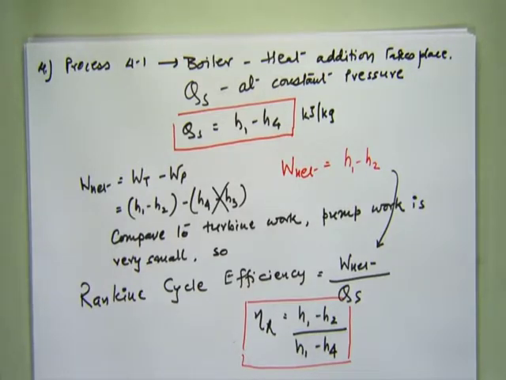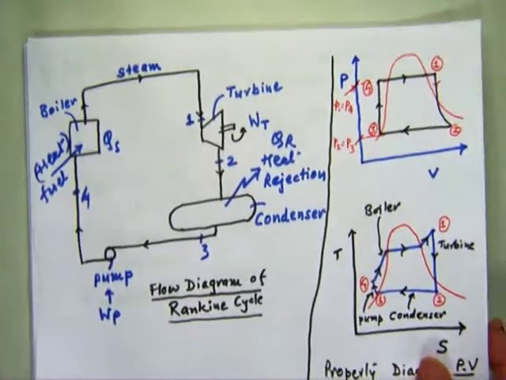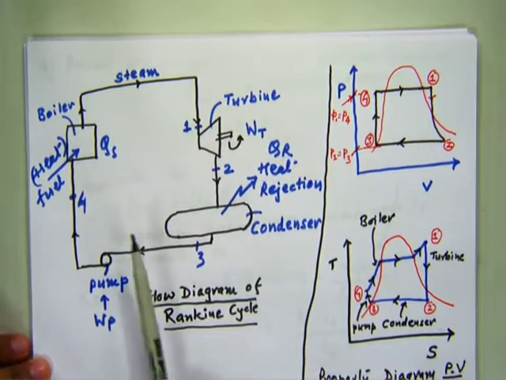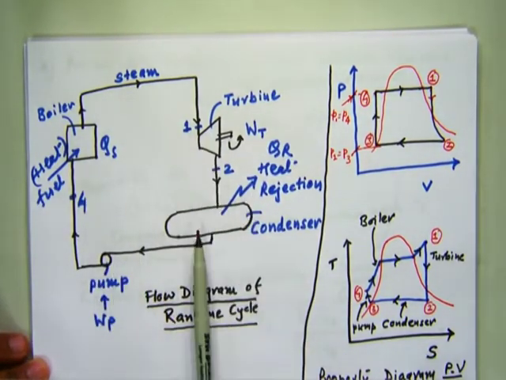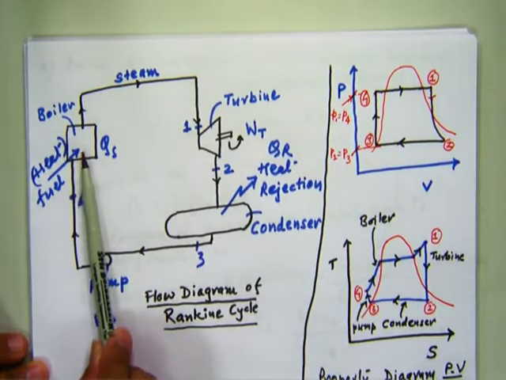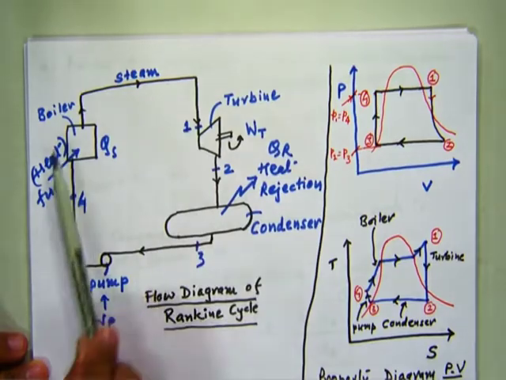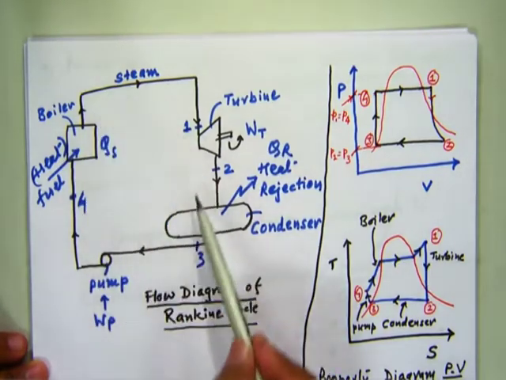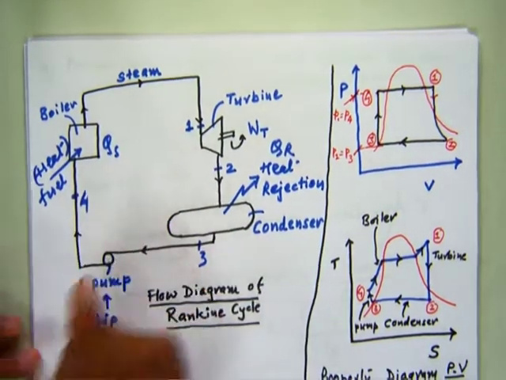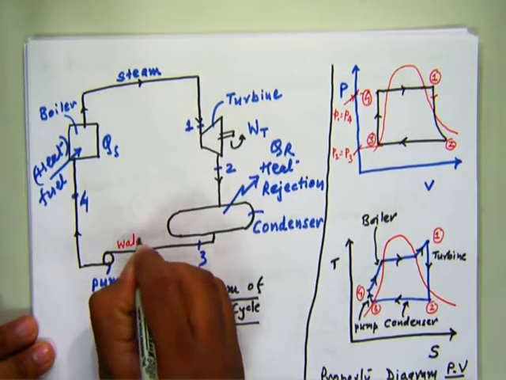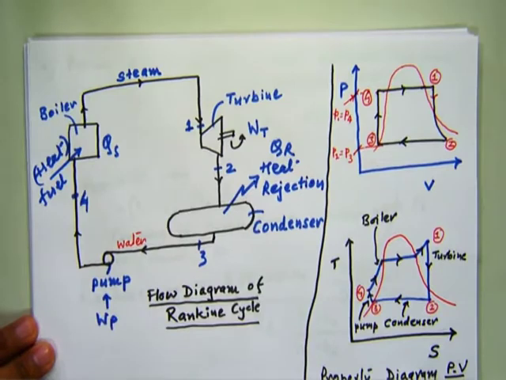So friends, we have seen that in the Rankine cycle, these four are the components: turbine, condenser, pump and the boiler. Working fluid is steam which continuously moves. From here it is steam, from here onwards it is water.